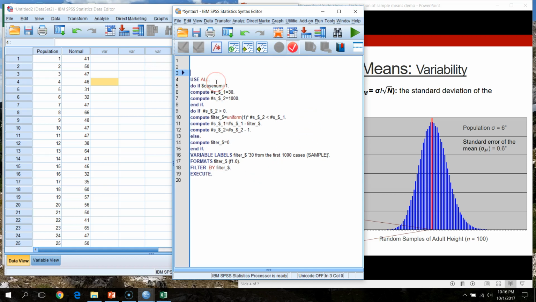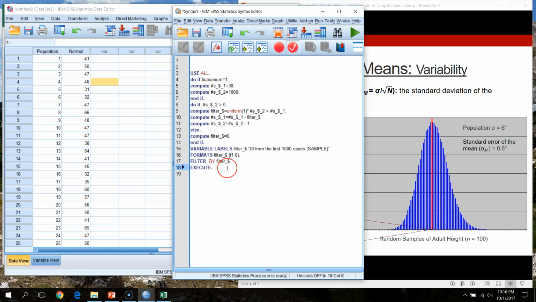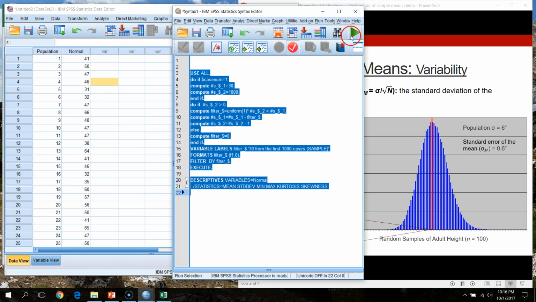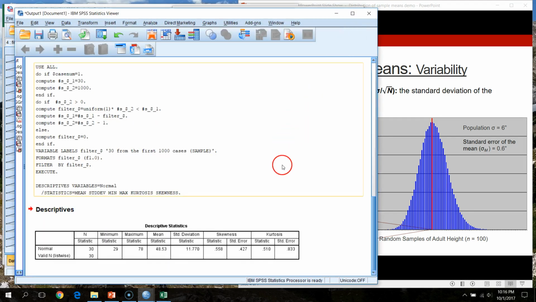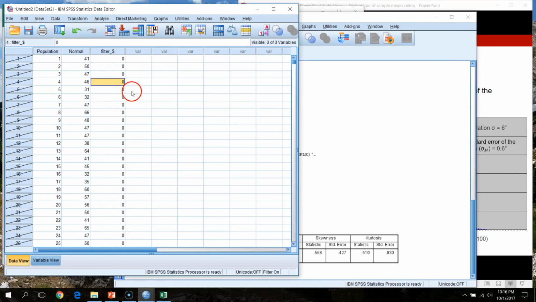SPSS is going to select a random sample of 30 cases, and then give me the mean of those 30 cases. If I select this, it has gone through the program.